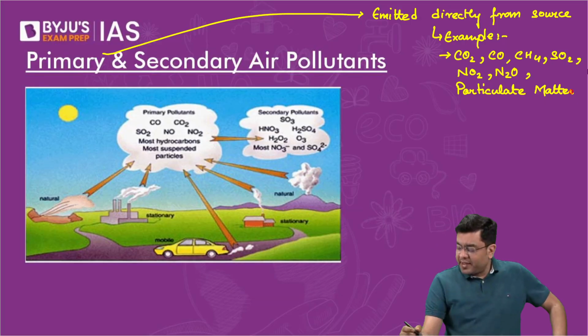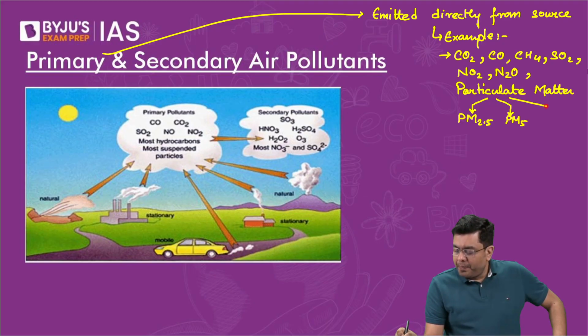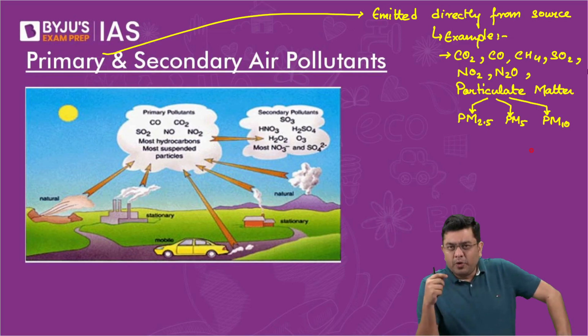But nowadays, the classification that you see is going to be PM2.5, PM5, PM10. PM here stands for particulate matter. PM10 largely includes the dust particles, etc., which are emanated. So what is this 2.5, 5, and 10?